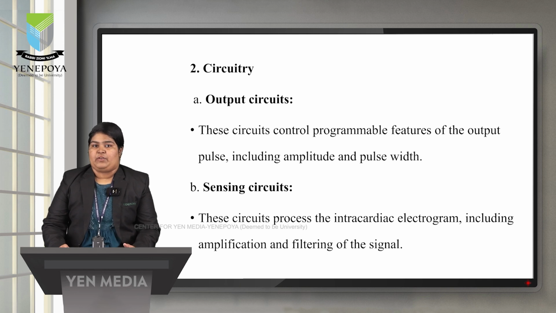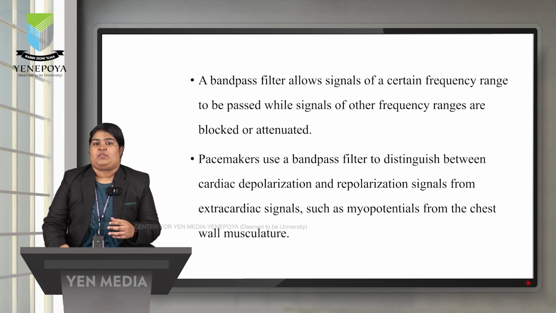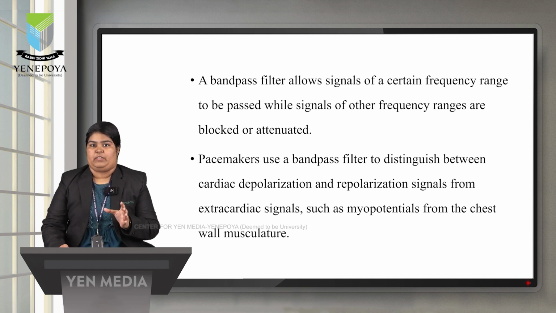The sensing circuit processes the intracardiac electrogram, and it includes amplification and filtering of the signal. The filtering is done by the band pass filter, which allows only a particular type of frequency of signals to pass through.